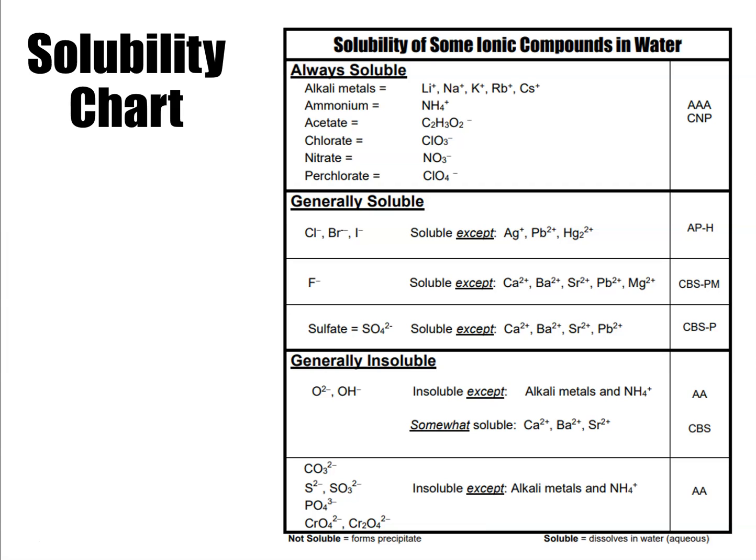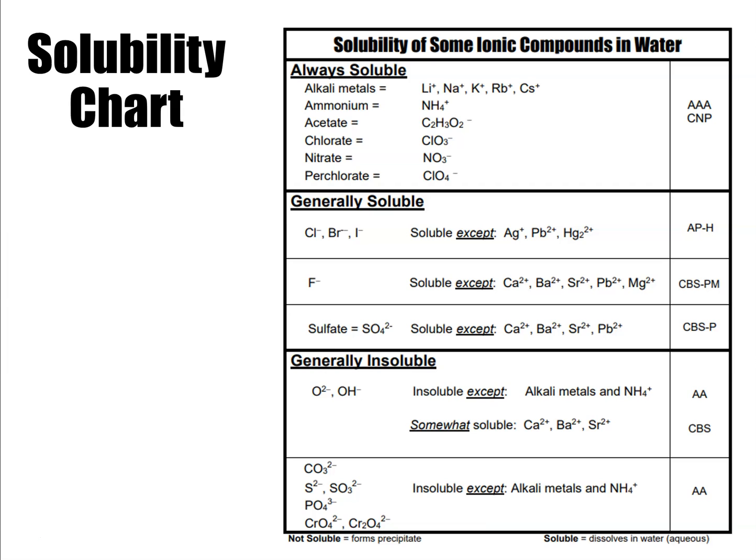Notice in the always soluble, the alkali metals, column 1 of the periodic table, if any of those metals are bonded with any other ion, it will always be soluble. Within your ionic compound, you only need one ion to be considered always soluble, and it will always be soluble.